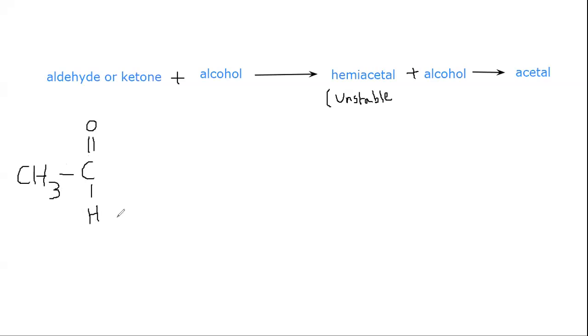Or if you contain CH3 here, it's ketone. So it doesn't matter if you take aldehyde or ketone. Now I'm going to add alcohol. This is alcohol, I'm just writing alcohol like this, CH3OH. Now I'm going to add alcohol onto this carbonyl.